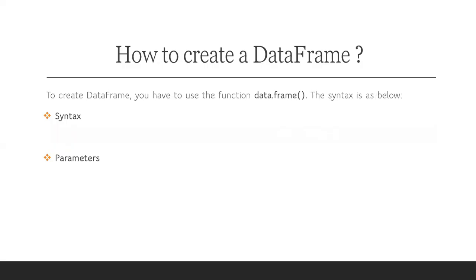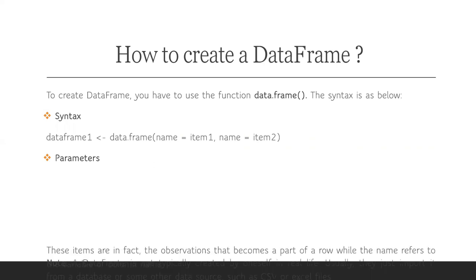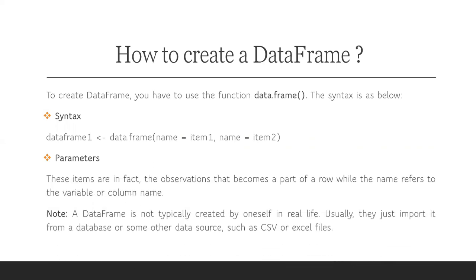To create a data frame, you have to use the function data.frame. The syntax is as below. First of all, you write down the function, then you write down the name, which becomes the part of column, and then the equal operator, and then the items. Now, these items are in fact the observations that become a part of a row, while the name refers to the variable or column name.